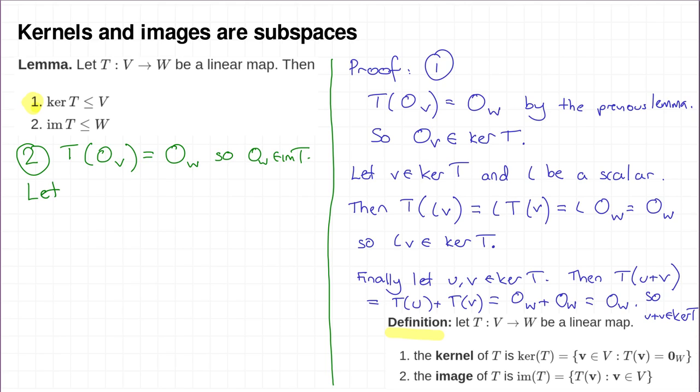Now we're going to show that it's closed under scalar multiplication. So let's choose a scalar, L, and any element of the image of T. An element of the image of T looks like the linear map T applied to a vector, little v in big V. I have to show that L times T of v is still in the image of T, because I'm trying to prove that the image of T is closed under scalar multiplication.